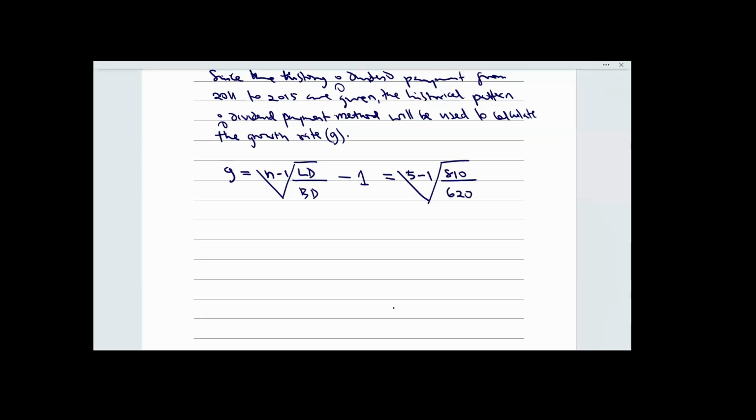All minus 1. Therefore, G is equal to 4 divided by 810 into square root 810 divided by 620, all minus 1.